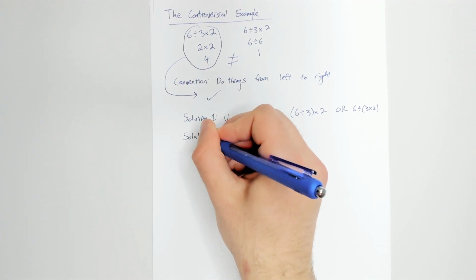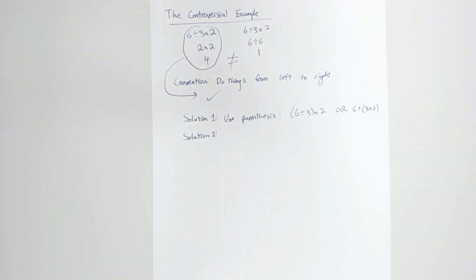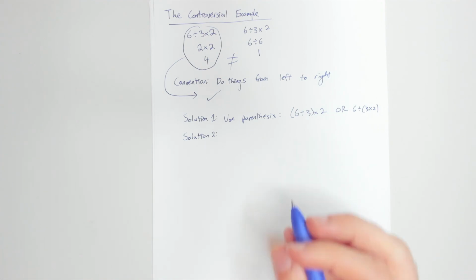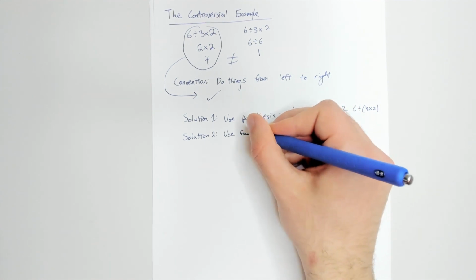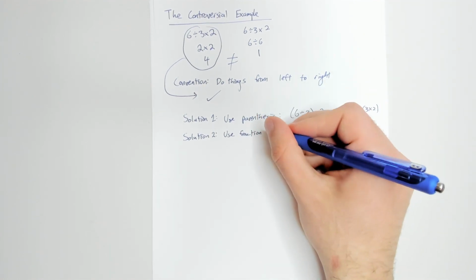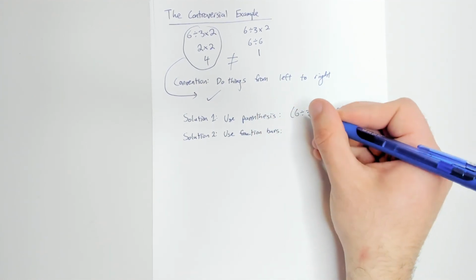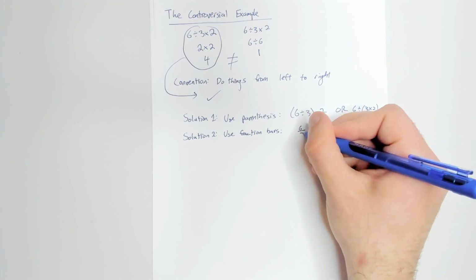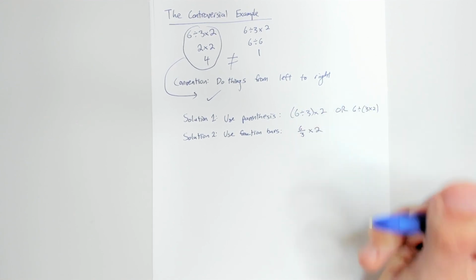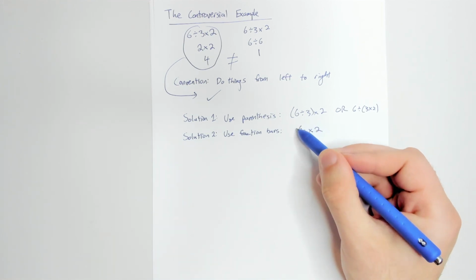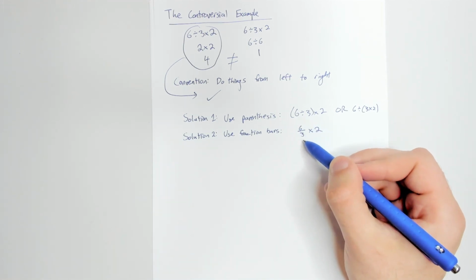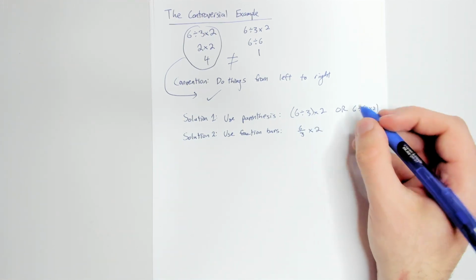Another method, and this is pretty much the same thing except we're more implicitly using parentheses, would be to use fraction bars, because we know fraction bars are the same thing as division. In this situation, we would write it as 6 over 3, times 2, and then it becomes clear: we can do 6 divided by 3, simplify that down to 2 first, and then multiply this by 2.